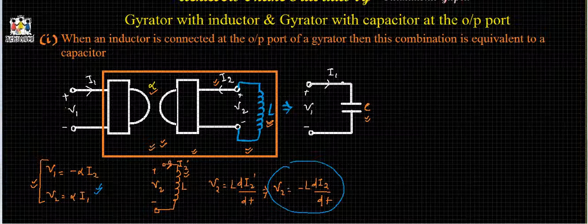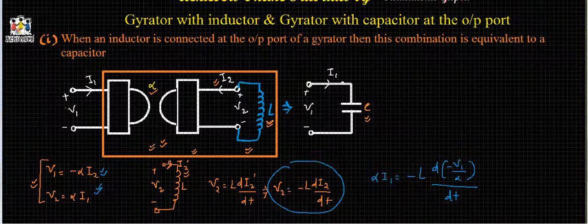then I will get, let us put the value of V2. V2 is equal to alpha I1. So I can write alpha I1 is equal to minus L dI2 upon dt, and I2 I can calculate from this equation, I2 is equal to minus V1 upon alpha. So I can write d of minus V1 upon alpha upon dt.